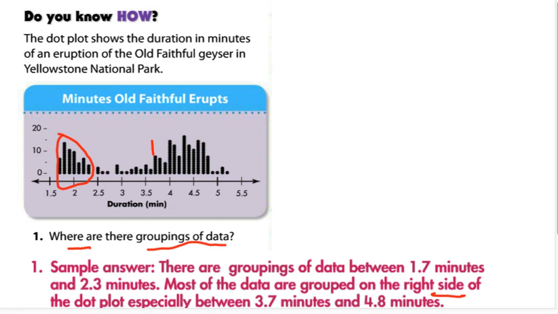So most of the data is going to be grouped right here between the 3 and 7/10 and the 4 and 8/10. Alright, so that's how you would answer this question. Where are the groupings of data in this dot plot?